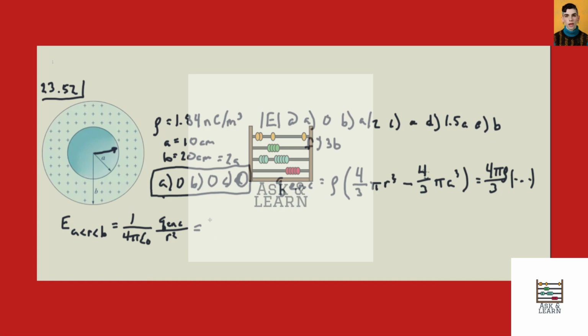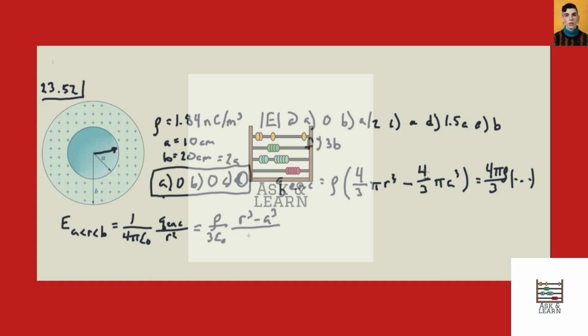And so this works out to be, just plugging this in for Q enclosed, rho over 3 epsilon naught, our differences in radii cubed, differences of the cubes of the radii rather.